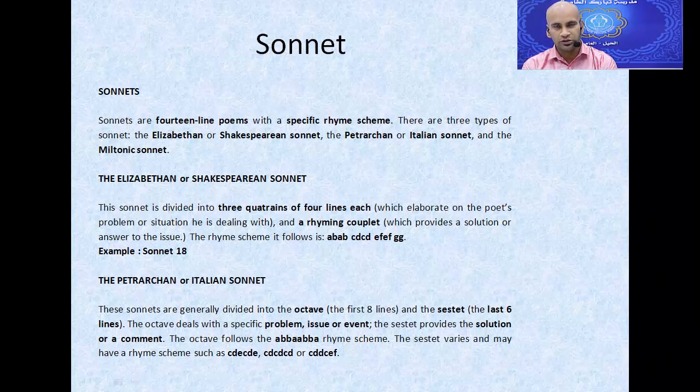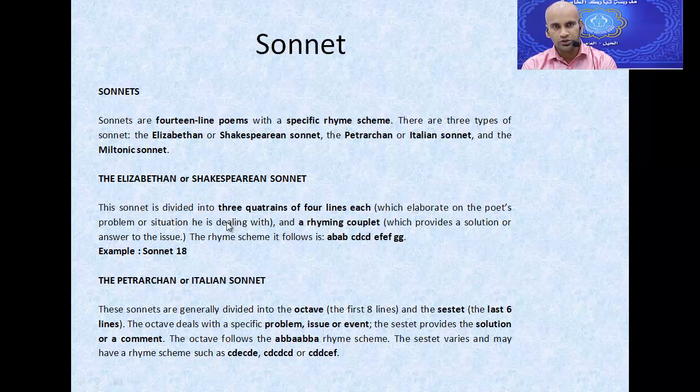First of all, the Shakespearean sonnet. This sonnet is divided into three quatrains of 4 lines, meaning each stanza has 4 lines, and this way we have 3 stanzas. Then a rhyming couplet. You remember a couplet means 2 lines.